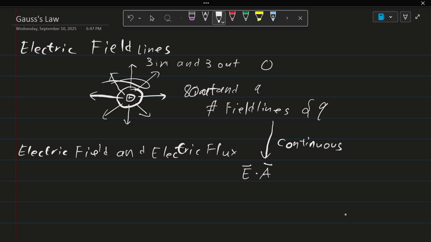And if the surface is changing, as if its slope is changing, you could write this as the integral of the electric field times the dA vector. This is what we call phi itself. So phi basically tells you the electric flux. It's pretty much the electric field multiplied by the area.